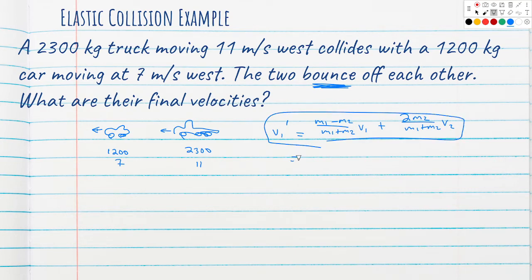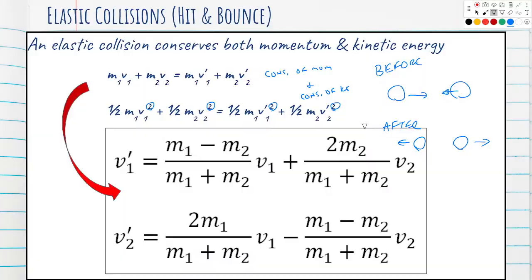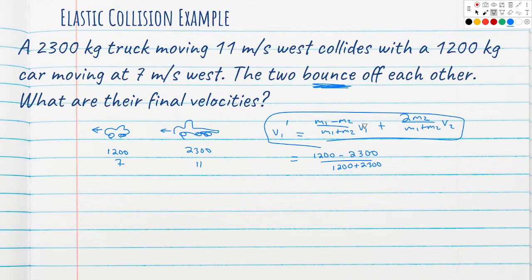Let me just show you one of these. I don't think we need to do them both, but here I would have 1200 minus 2300 over 1200 plus 2300, and then V1. When I put this number in, you know what, we didn't really think about coordinate systems on that other problem, but let's define a coordinate system here.